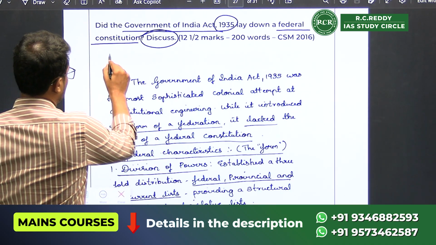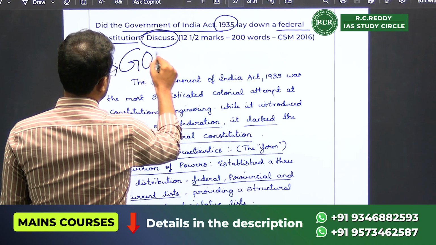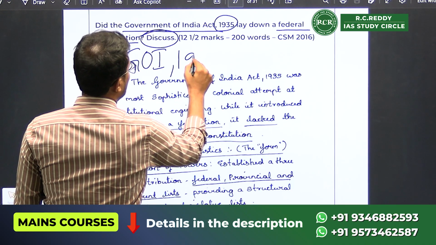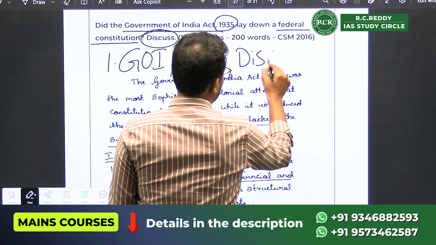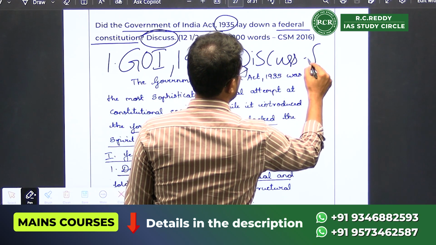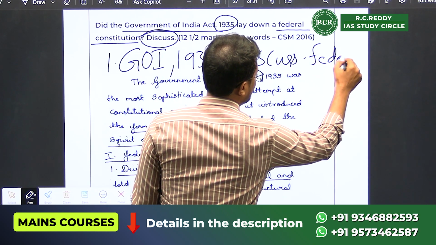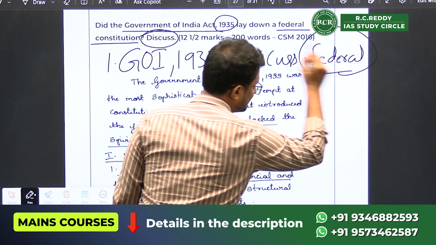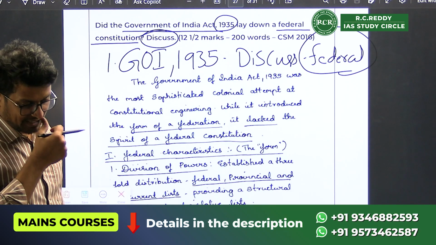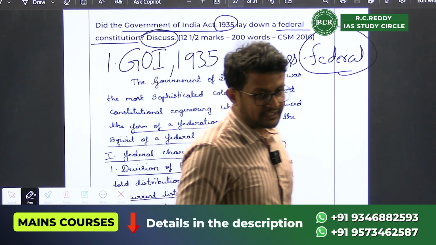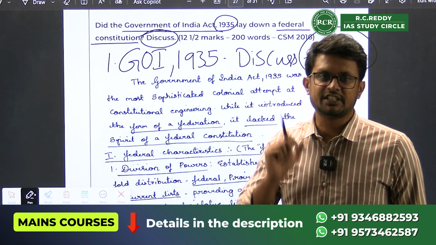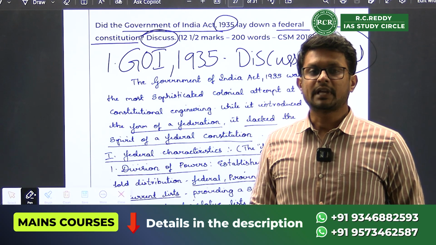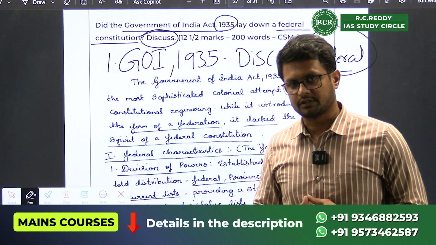It is asking about Government of India Act 1935 and it is saying, please discuss whether it is federal constitution or not. So if we can identify all the tenets of a federal constitution and see whether the Government of India Act 1935 did justice to them or not, you can make a very good answer for this question.